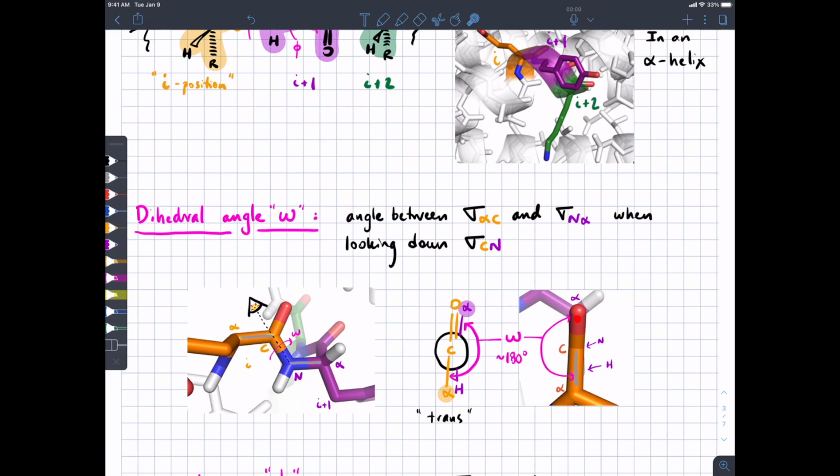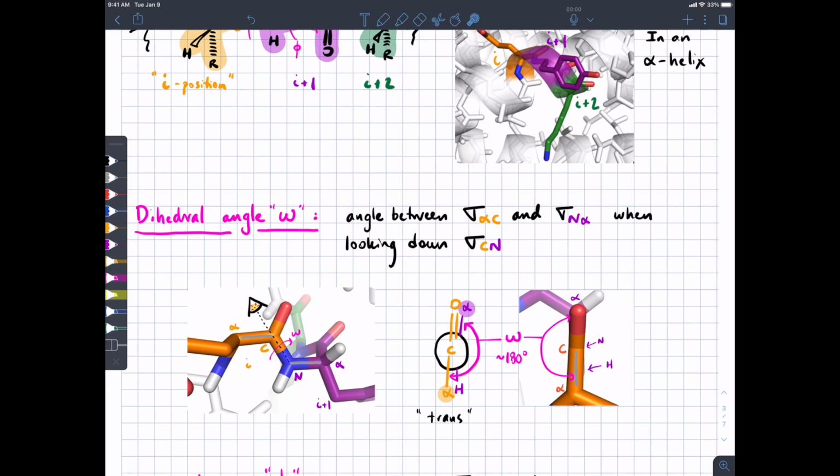And if we look down that bond, and these are snapshots of the protein generated in a program called PyMol, we can't see the NH bond because it's actually directly behind our bond between alpha carbon and carbonyl carbon. In a Newman projection, we might represent it this way. The alpha carbon of the orange amino acid is anti to the alpha carbon of the purple amino acid. So that's a trans orientation.